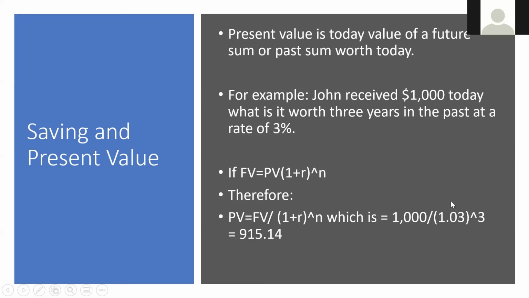So 1,000, we're now going to divide by 1.03, the 3%, raised to the 3. Do you want to try that, Ms. Foster? Or do you want me to try? You want me to show you how we go about it in the calculator first, and then you try?